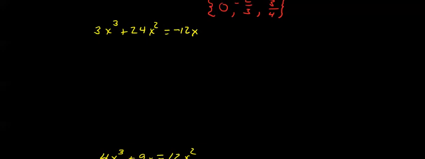All right, next one. We're going to add 12x to both sides. So, I'm not going to show that. 3x cubed plus 24x squared plus 12x equals 0.